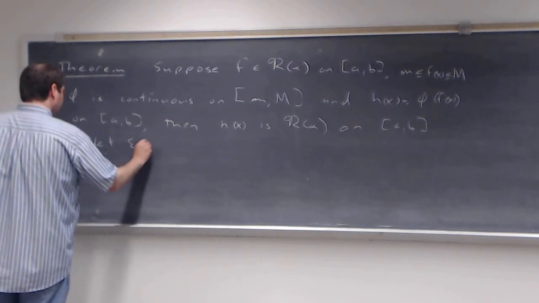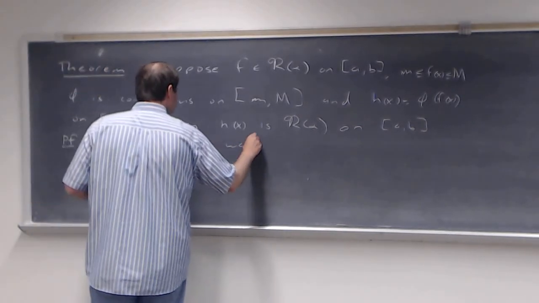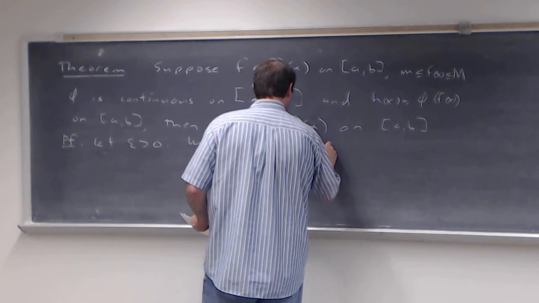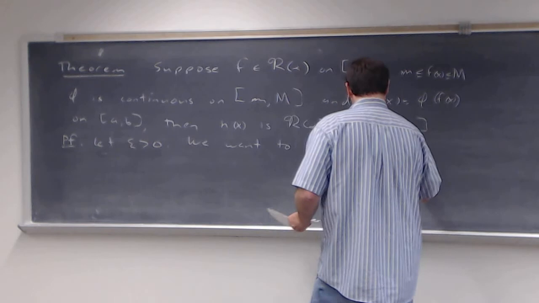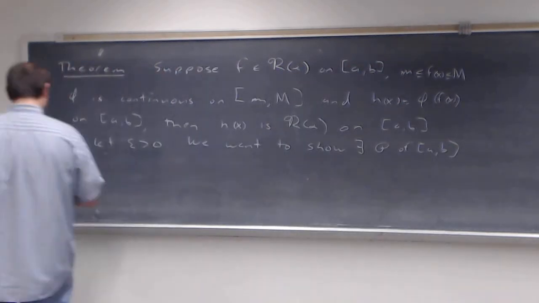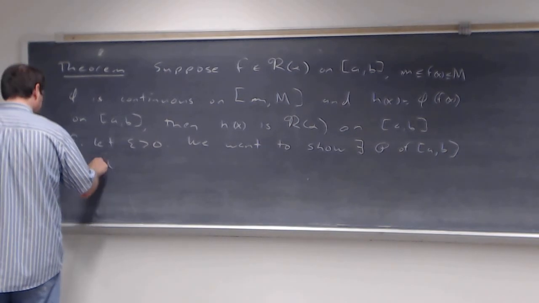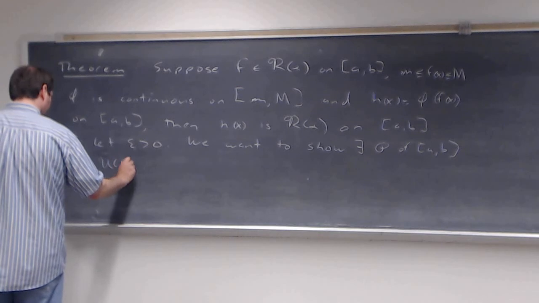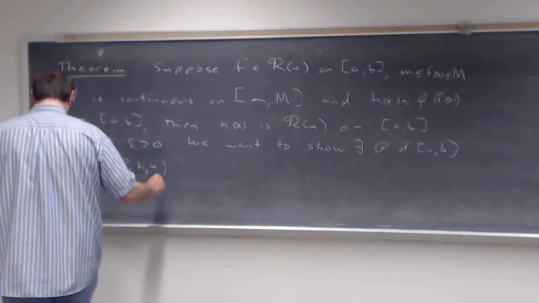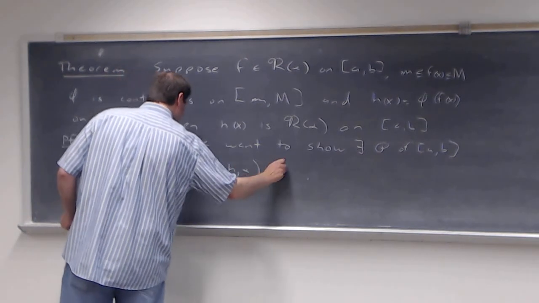We let epsilon be greater than 0 be given, and we want to show there exists a partition of a to b such that the upper Riemann-Stieltjes sum with its partition, h, alpha, minus the lower sum is less than epsilon.